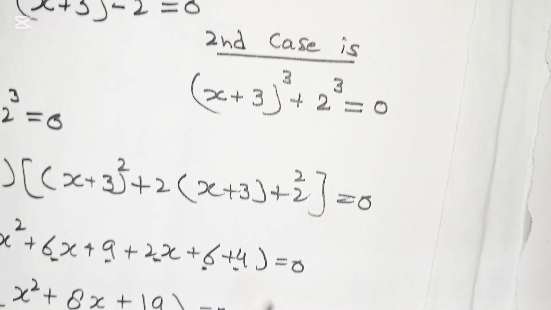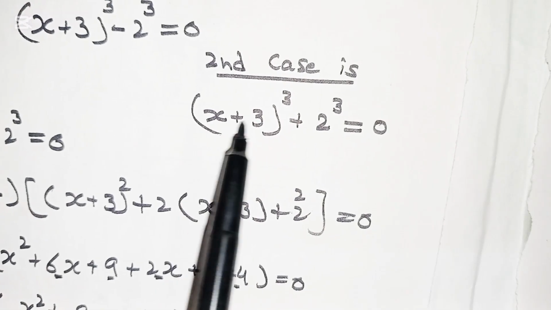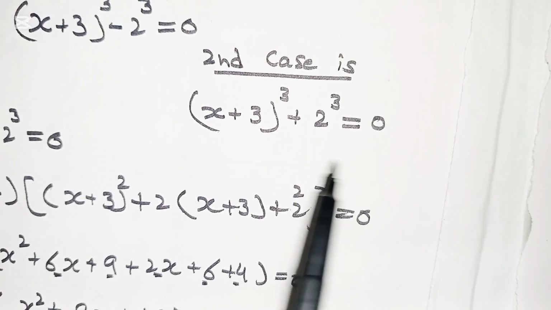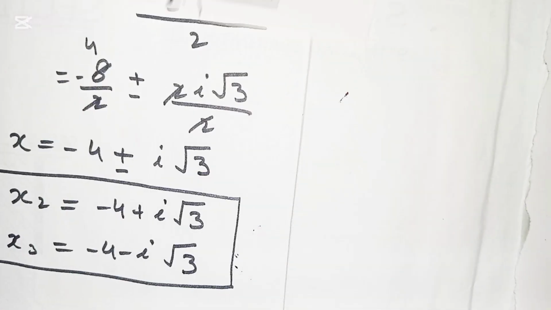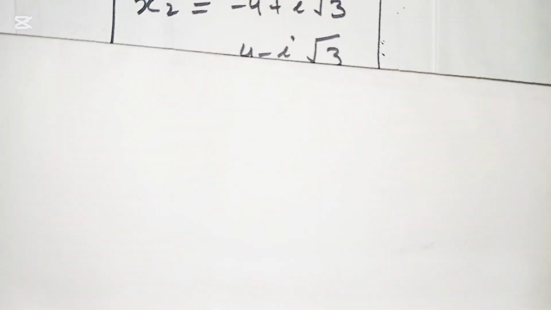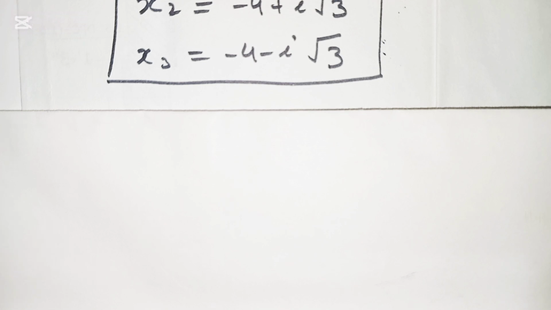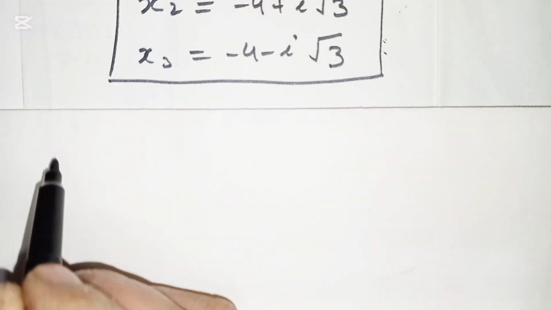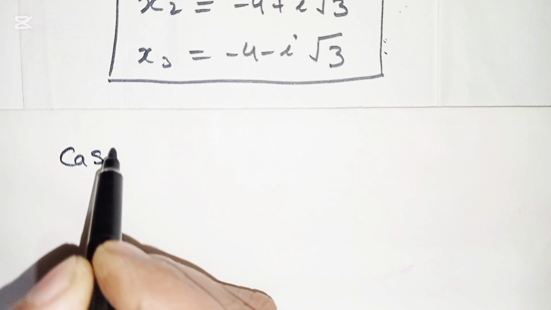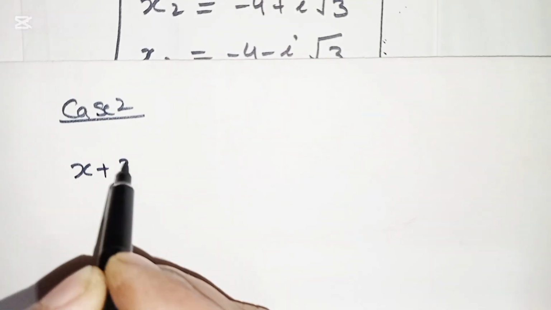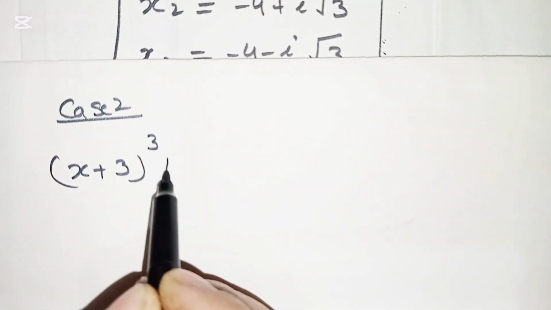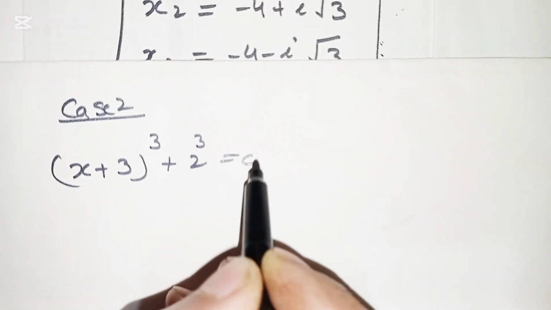And the second case is x plus 3 cube plus 2 cube is equal to 0. And now we solve this second case. Case 2: x plus 3 whole to the power of 3 plus 2 cube is equal to 0.